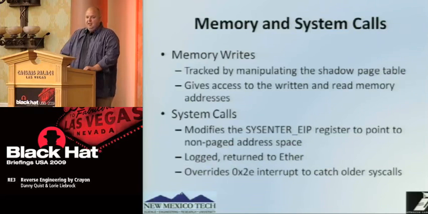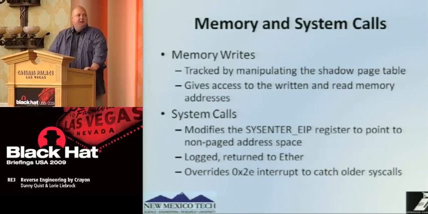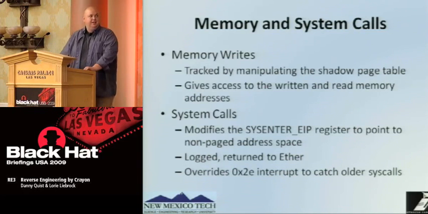Memory writes are tracked by manipulating the shadow page table that Xen uses for managing its memory. This gives access to any of the written and read memory addresses as it's going, and uses a very similar process to what Saffron and Ollybone used.